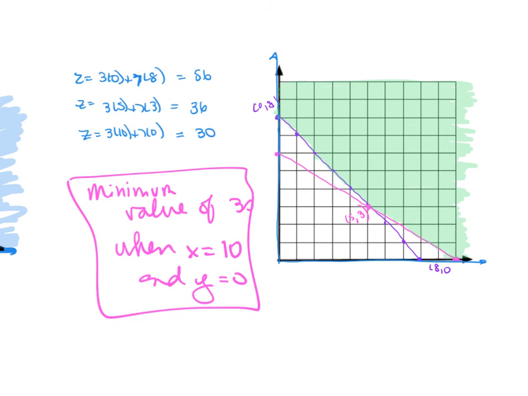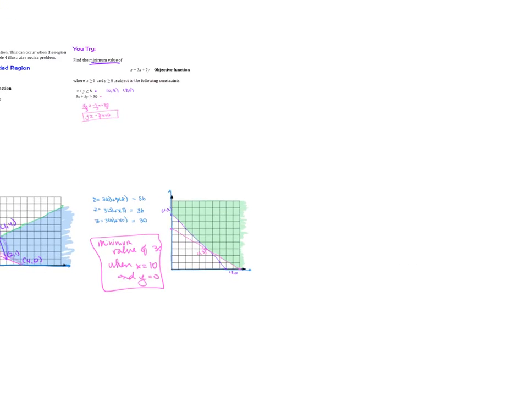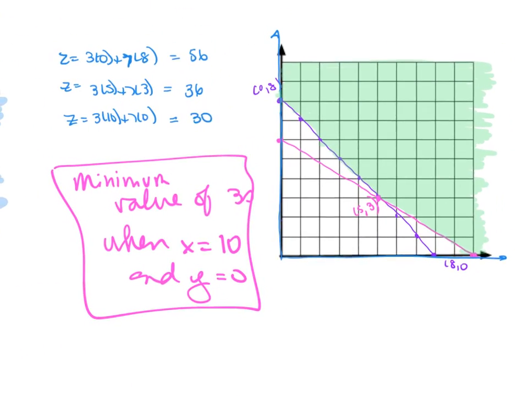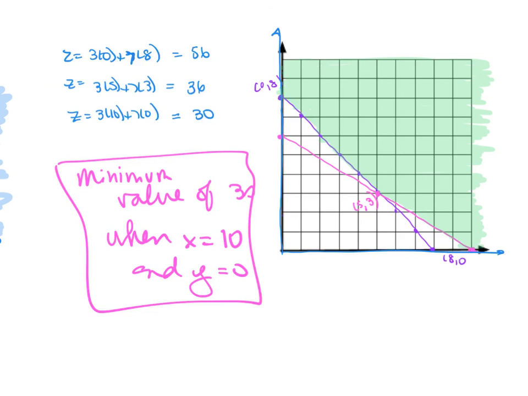Then I identified my vertices, I shaded everything, and then I plugged in each of these vertices into my objective function. The question is asking for the minimum value, so that is the smallest number, and that is 30 when I plugged it in here. So minimum value of 30 when x is 10 and y is 0. And then there is no maximum value because it's unbounded.